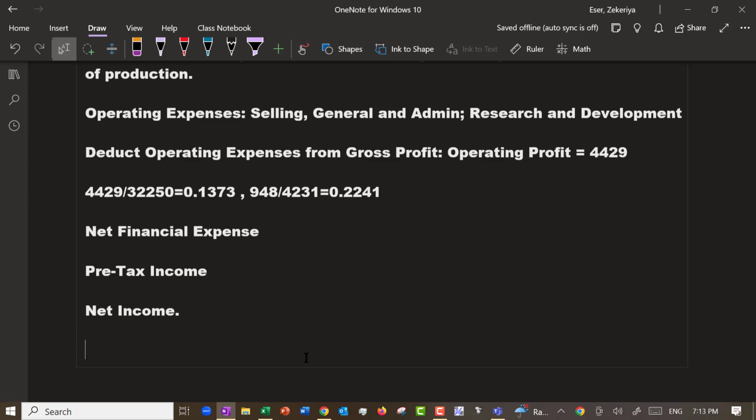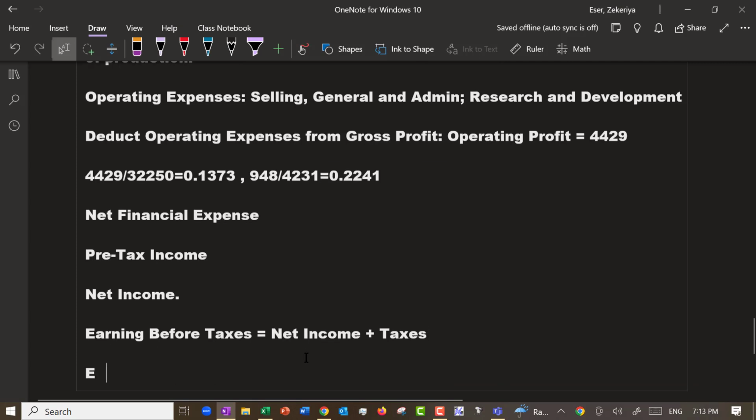A few identities, earnings before taxes. It's more like definitions, actually. Net income is earnings before taxes minus taxes, or earnings before taxes is net income plus taxes.